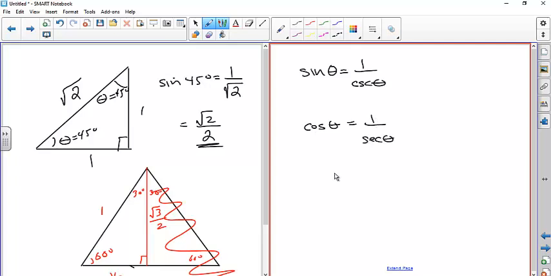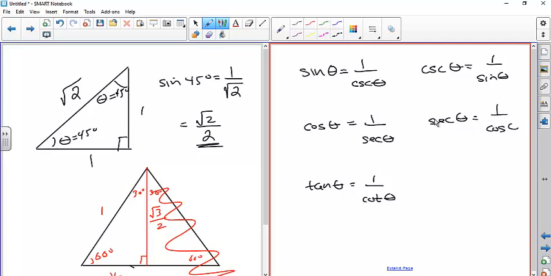And there are 6 reciprocal identities. 3 of them are that, and then you have the corresponding ones where we just flip them around. So the cosecant is the reciprocal of the sine, the secant is the reciprocal of the cosine, and the cotangent is the reciprocal of the tangent. Those are all called reciprocal identities.